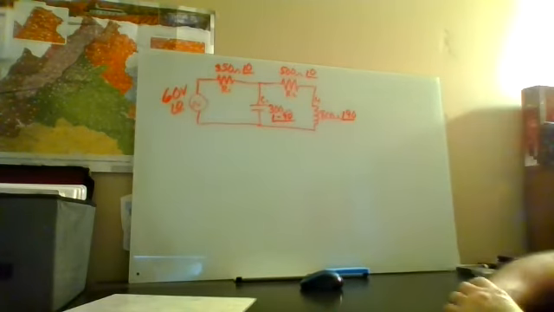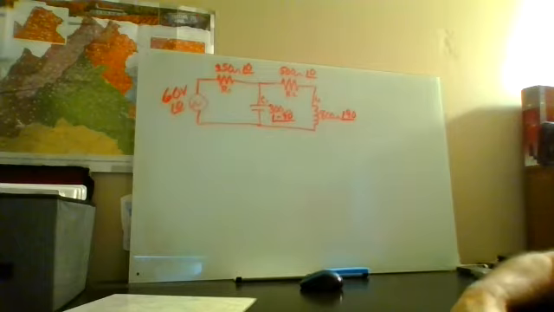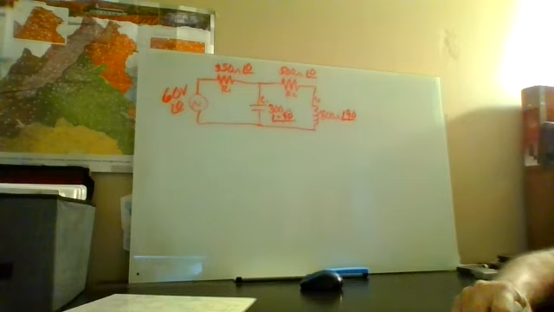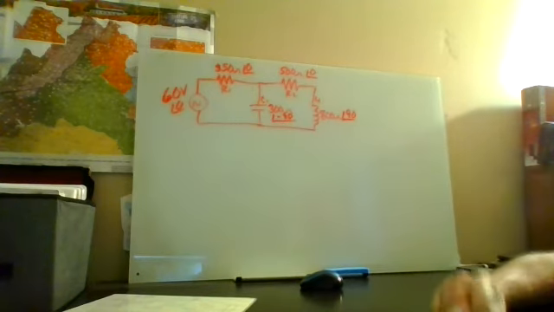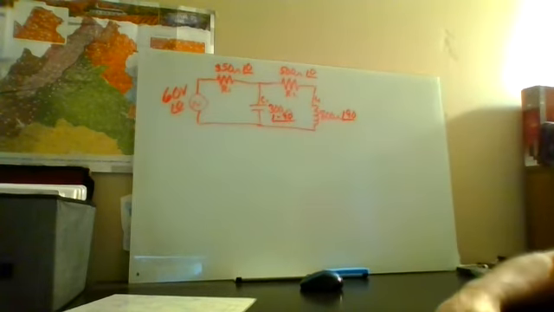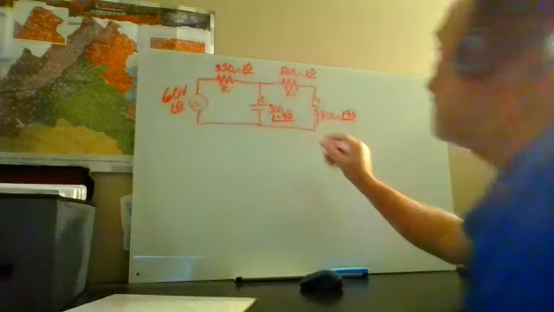I got an 800 ohm inductor, and that's in series with my 500 ohm resistor. So how do I find Z total in a series circuit? I just add them up.